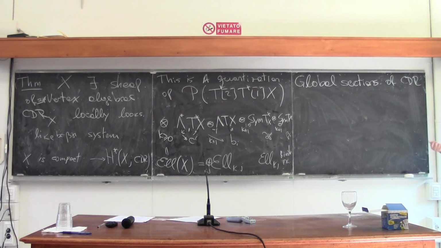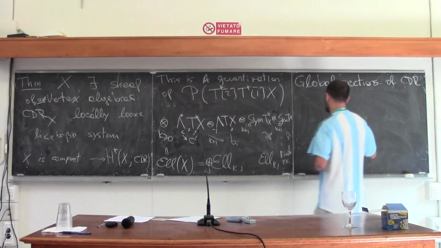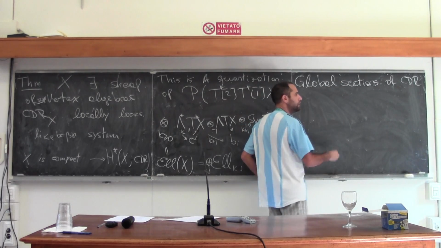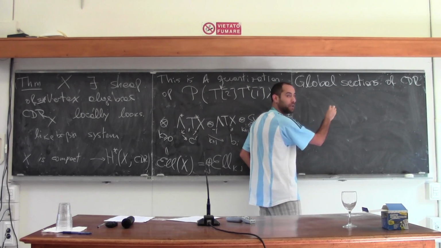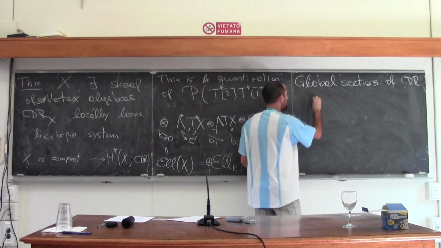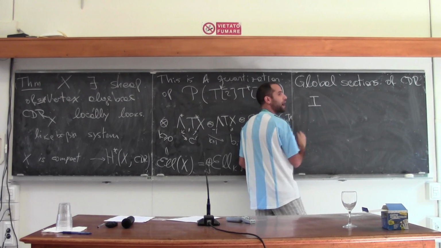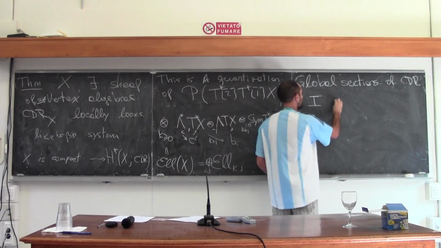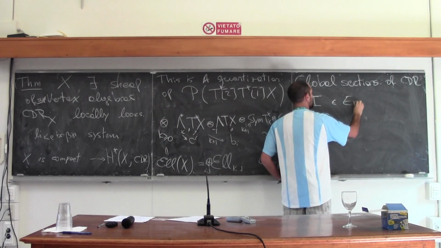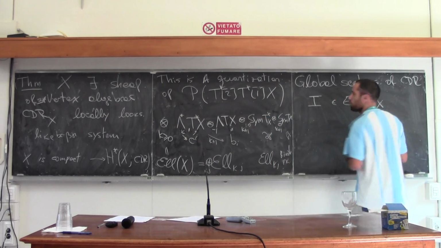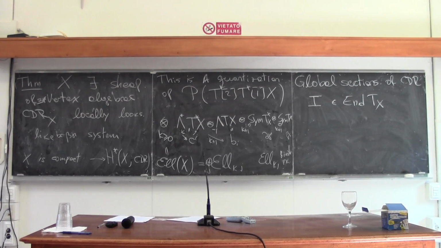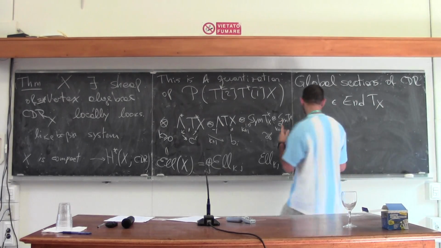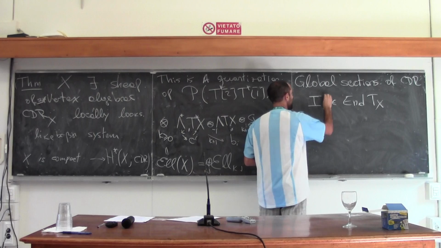But my problem is that when I change coordinates, so let's suppose I want to give you a section like this. Let's say you have an endomorphism of the tangent bundle. Pick a complex structure on X. Suppose I is a complex structure on X. So I think Richard was writing this as I^j_k.